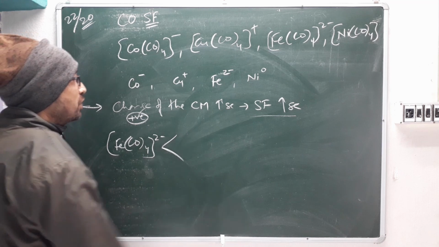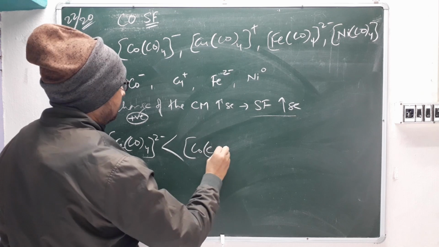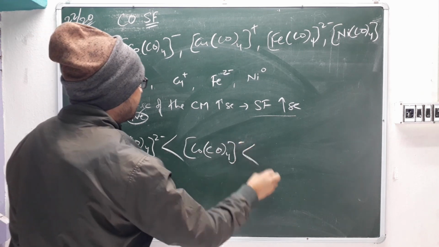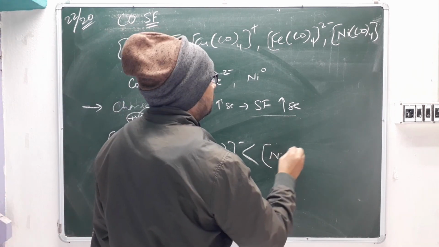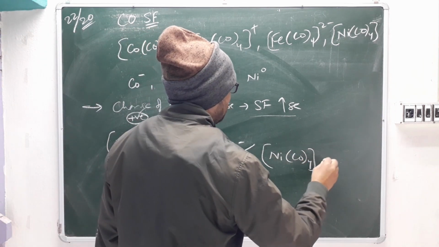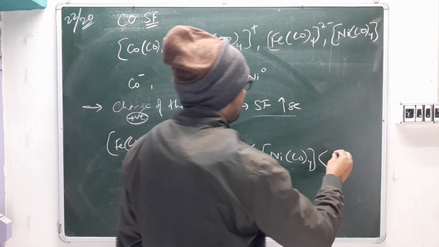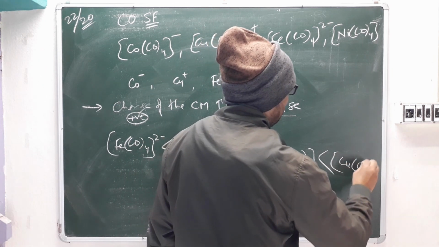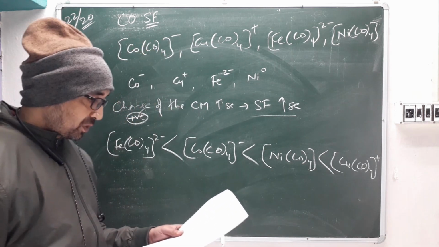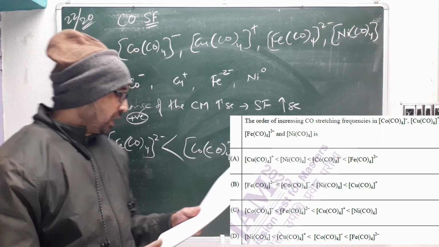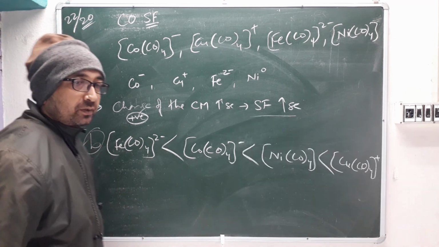Then which one will have the lesser charge? Cobalt, Co(CO)4 minus, and then nickel, Ni(CO)4, because there is no charge, and then copper, Cu(CO)4 with a positive charge. Just find out which option it matches. Option B, right? So option B will be your correct answer.